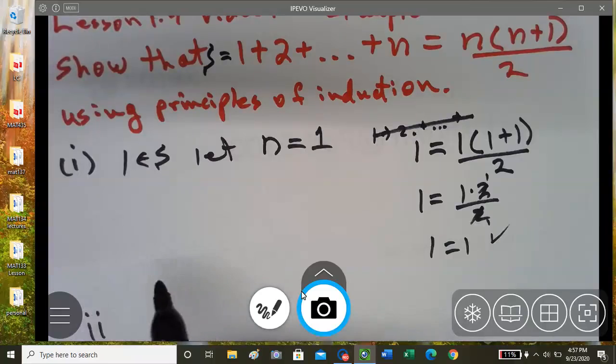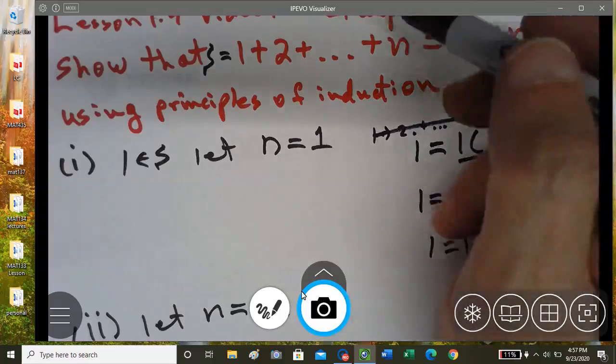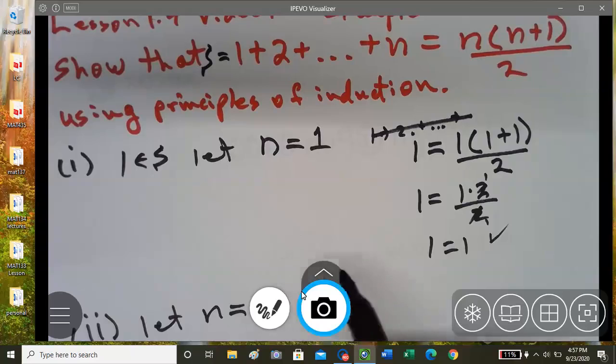Okay, part 2, now we actually add a part in here because we're saying let n equal to some number k. So we're substituting n with k.